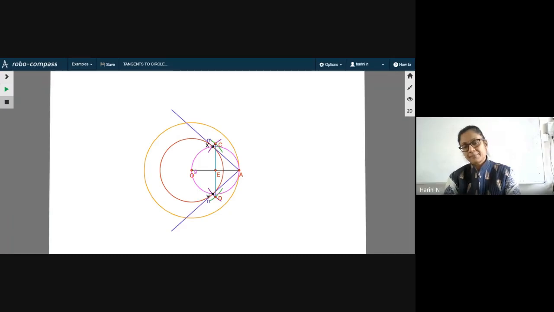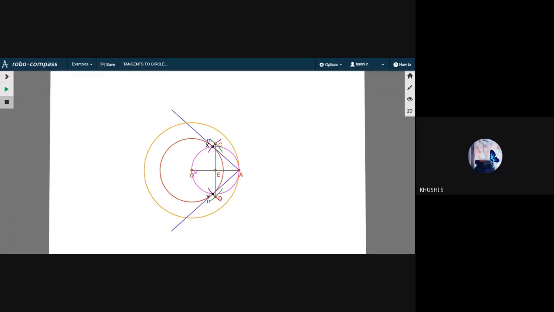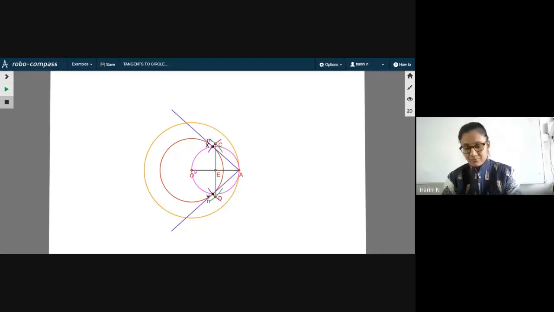Next step. With E as center and OE as radius, draw a circle intersecting the original circle at X and Y. Very good.